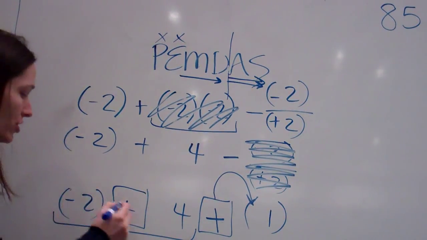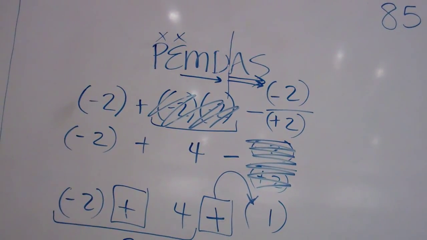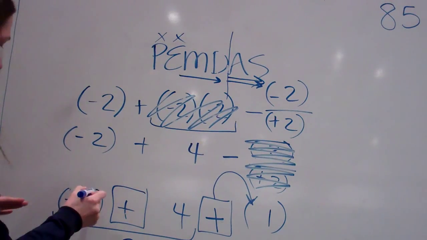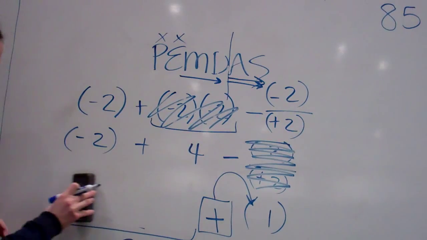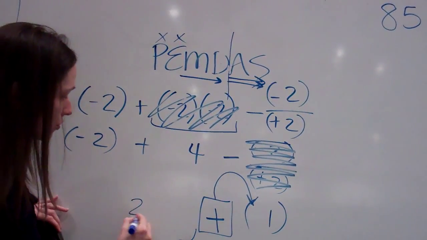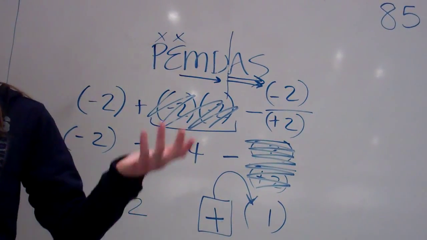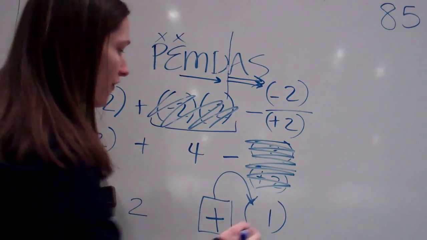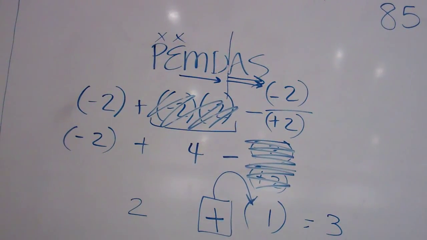Okay, so my answer to this one is going to be 2. So this -2 plus 4, I'm going to erase it so that they can see, is going to be a positive 2. Okay? And then now we just have 2 plus 1. Answer's 3. So your final answer is going to be 3. Let me see if we got it right. Yes, we did. Okay, so good stuff.